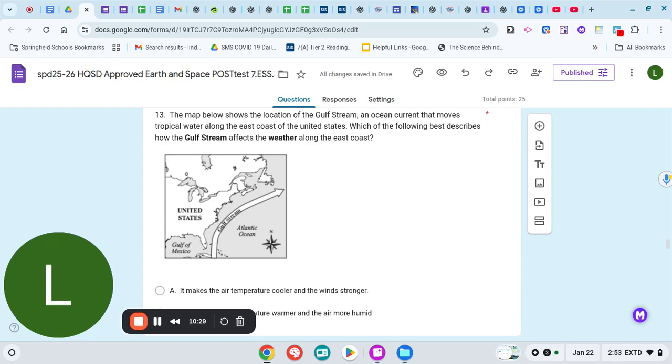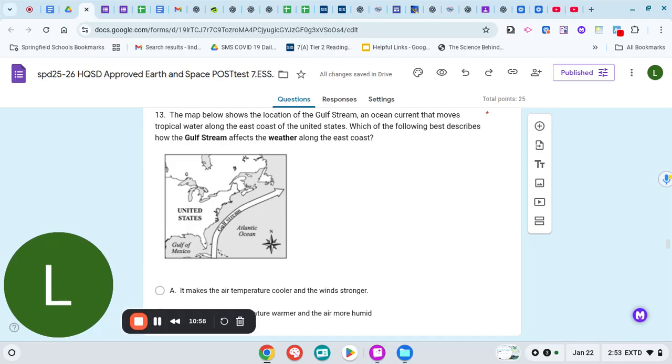Number 13, the map below shows the location of the Gulf Stream, an ocean current that moves tropical water along the east coast of the United States. I apologize that United States is not capitalized. Which of the following best describes how the Gulf Stream affects the weather along the east coast? So again, the Gulf Stream brings that tropical weather along the United States.